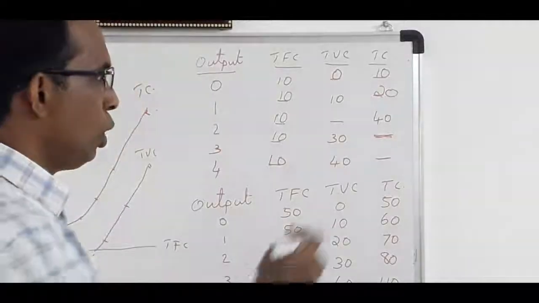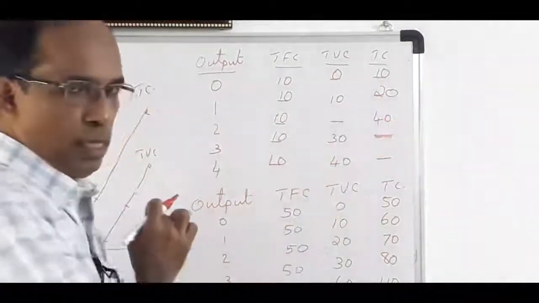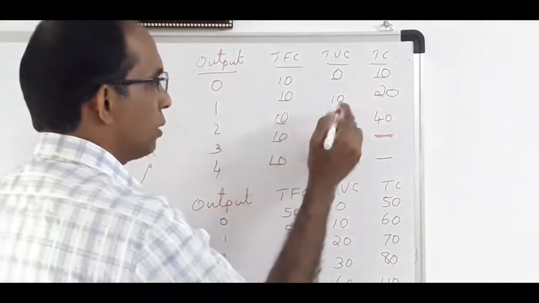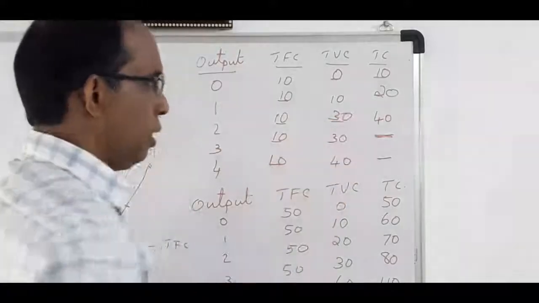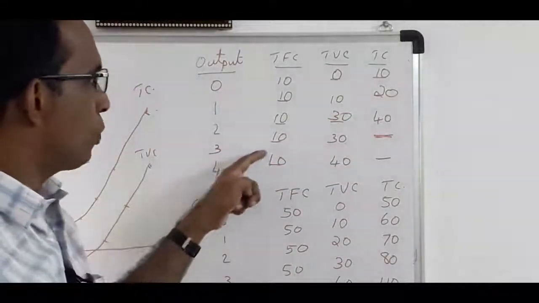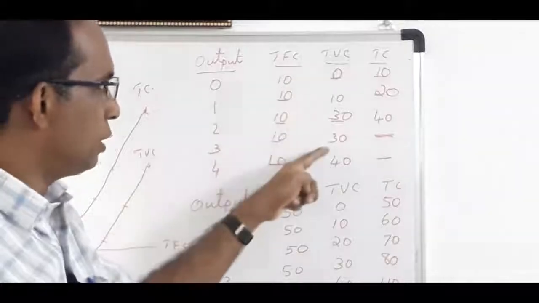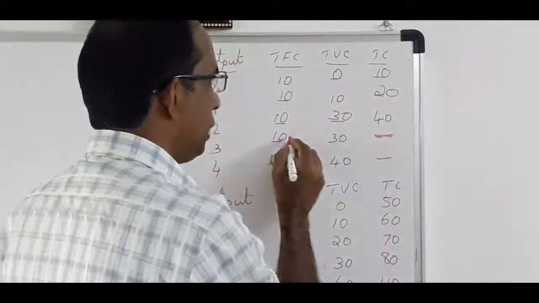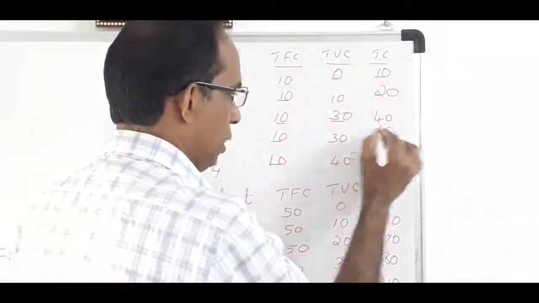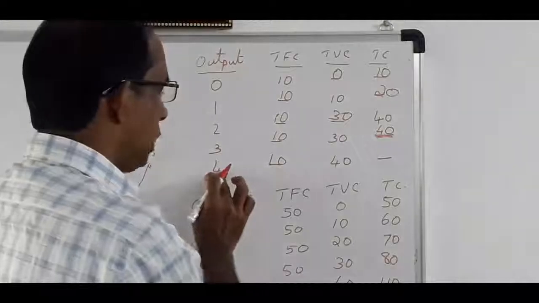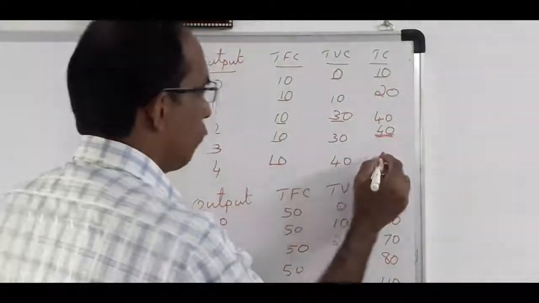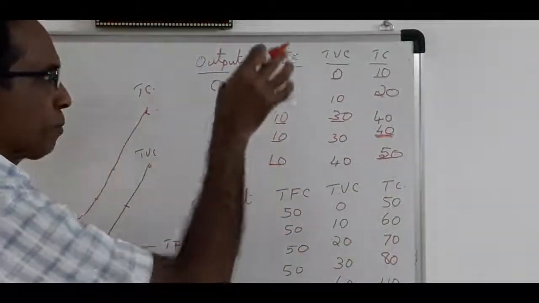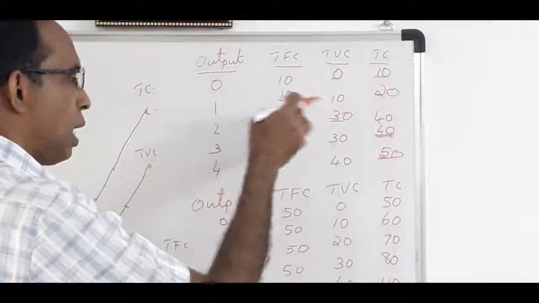TVC is equal to TC minus TFC, that is 40 minus 10, that is 30. Right? And at the third level of output, TFC is 10, TVC is 30. Then what is TC? TC is the sum of TFC and TVC, that is 40. Here also at the fourth level of output, TC is 50. This is the way to calculate one variable when others are given.